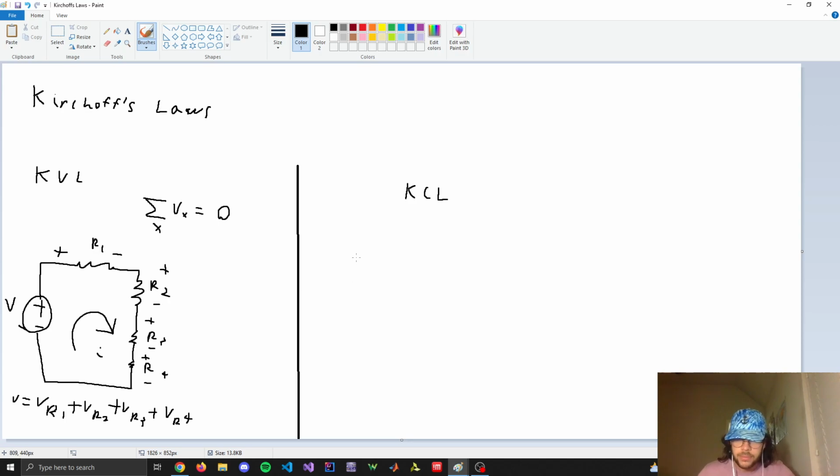And then the KCL states that the current flowing into a node equals the current flowing out of the node. So let's just say, for example, we have 3 currents flowing into a node.